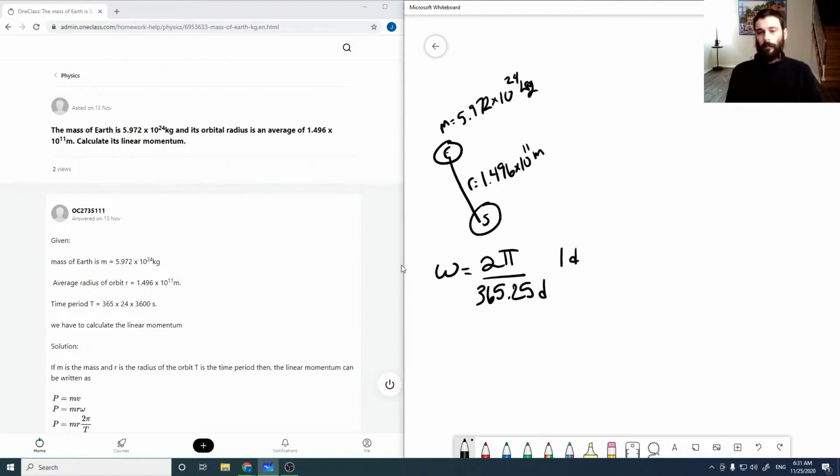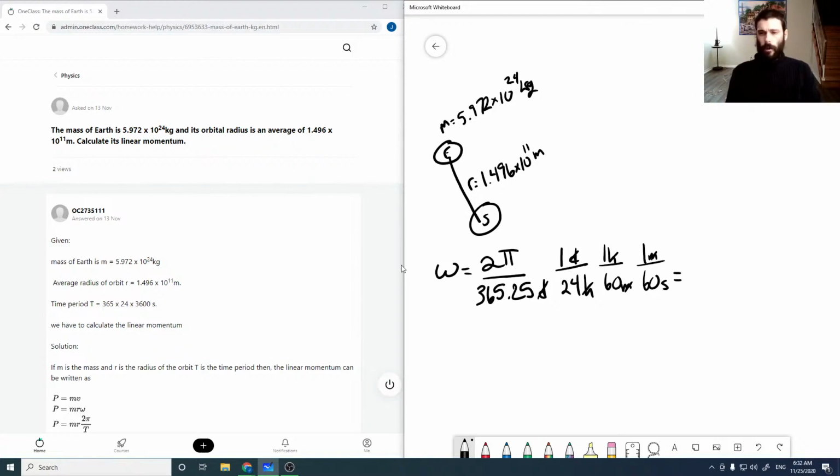So 1 day is 24 hours, 1 hour is 60 minutes, and 1 minute is 60 seconds. Okay, so these will all cancel through, leaving us with per seconds, which is the unit for our angular frequency.